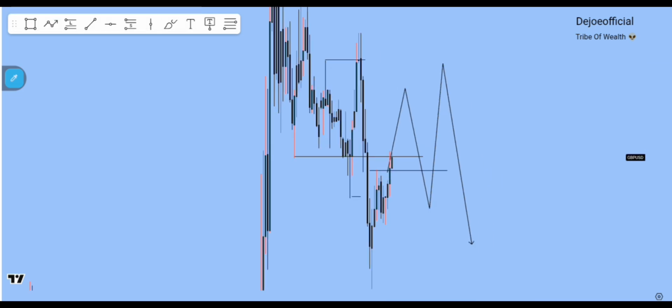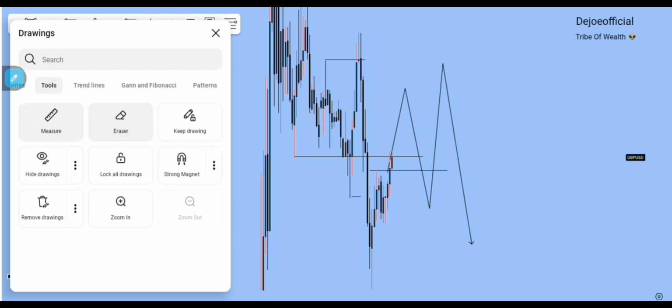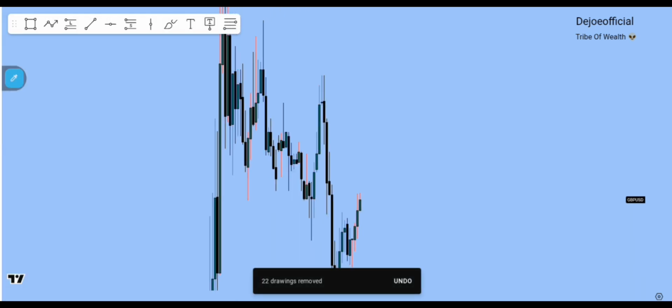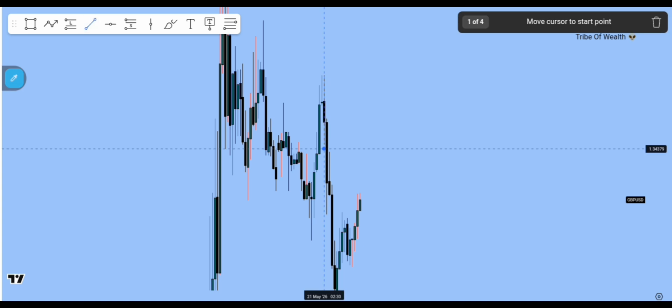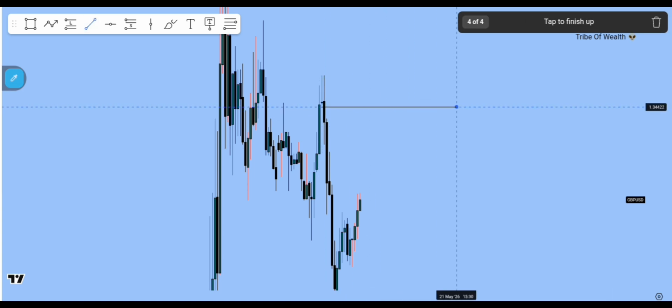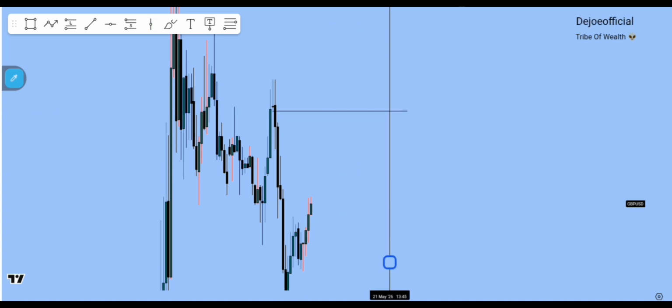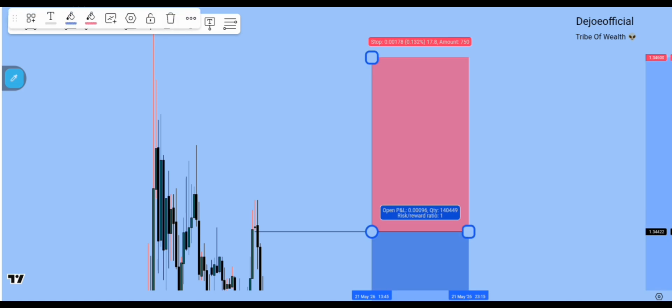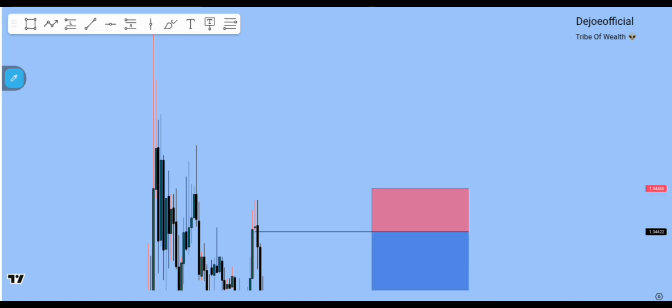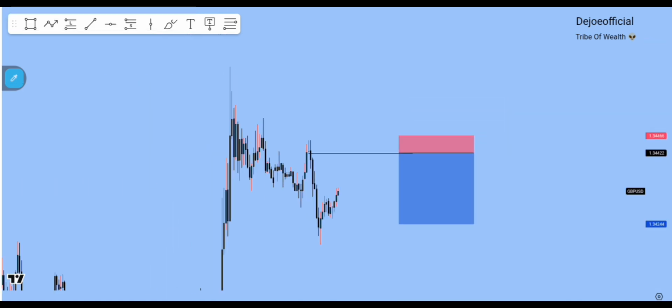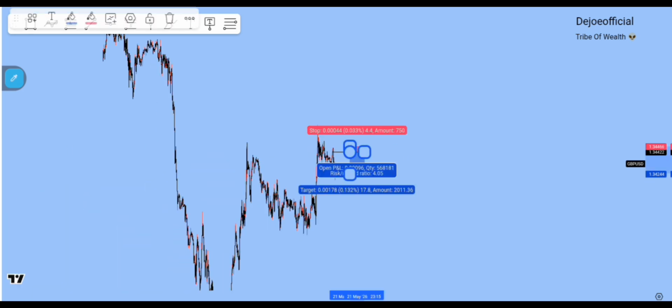So let me take out all this stuff and mark it out well. I'll be expecting something like this for price, but here it is based on if price actually gives me an engineering liquidity, then I will sell from this zone, to take out this particular low.